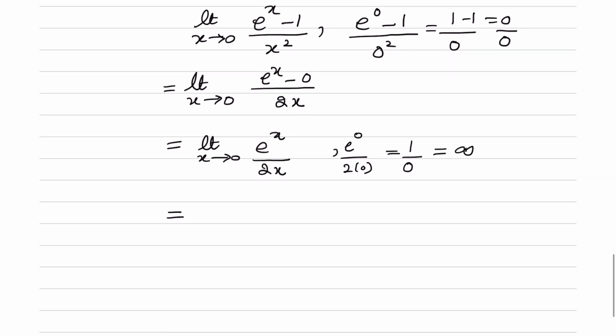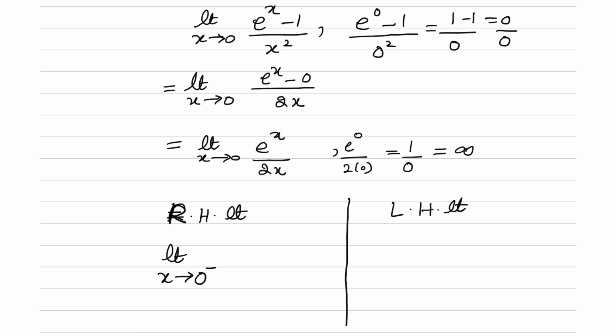Now remember that whenever we get infinity only, we will have to split our question into two parts. We will find the right hand limit and left hand limit. Right hand limit says limit x is approaching to 0 plus e power x over 2x.